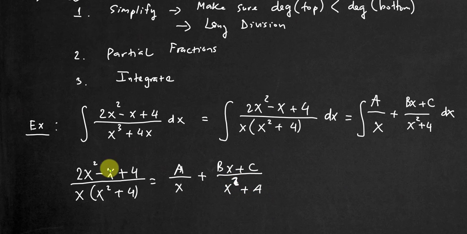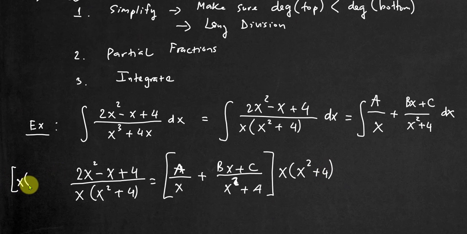The best way to simplify this expression is to multiply both sides by the LCD. I know that the LCD is x multiplied by x squared plus 4. So we go ahead and multiply x times (x squared plus 4) on both sides. When I multiply, the matching factors cancel out, and then I make the distribution.